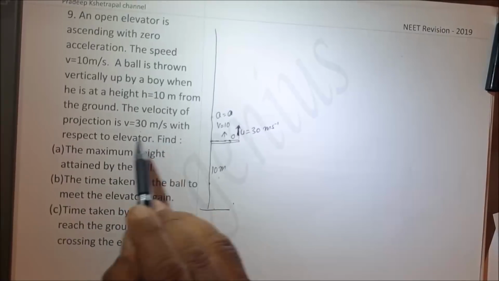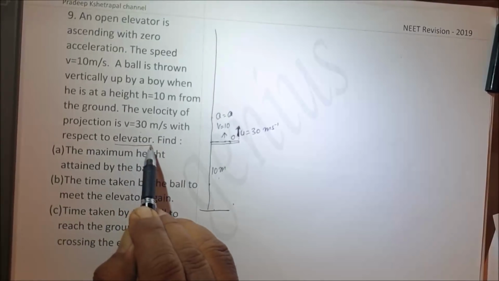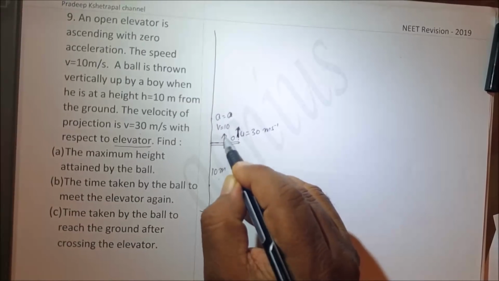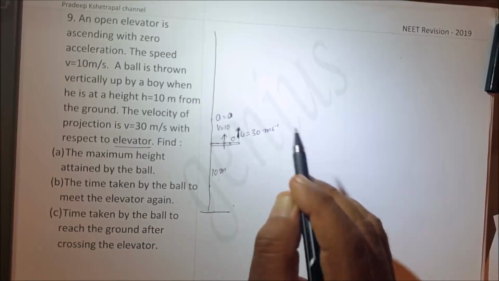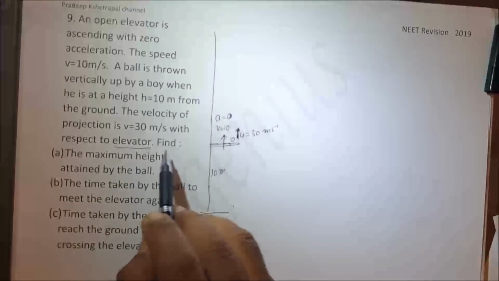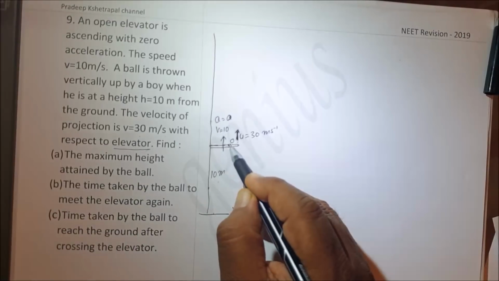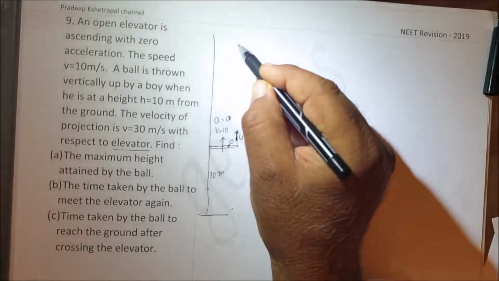So 30 meters per second with respect to the elevator. The elevator is already moving up with a certain velocity. Okay. Now find the maximum height attained by the ball. How far will the ball go?